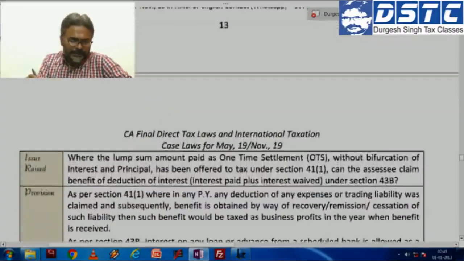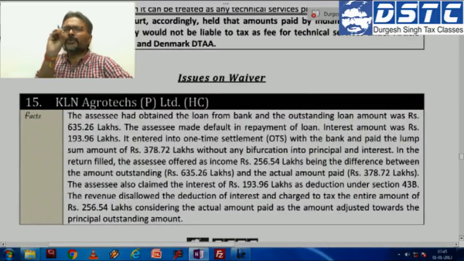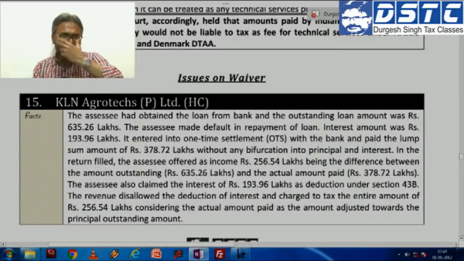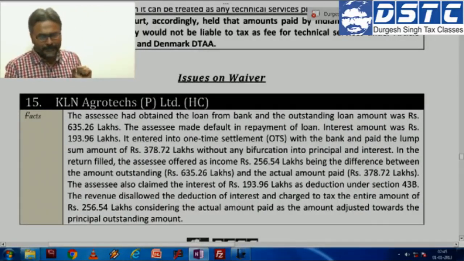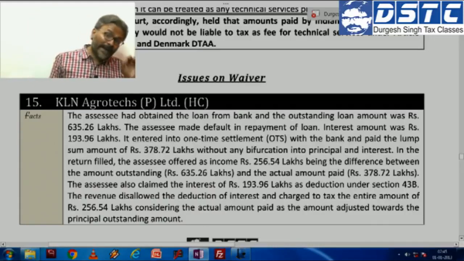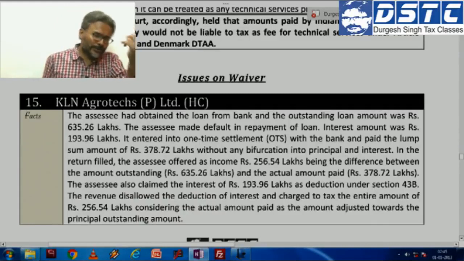KLN Agrotech, students, a very unique case has happened herein. First of all, to understand this judgment, one aspect needs to be known. The SSC has taken a loan from the bank, and on that loan, this SSC got a deduction also.